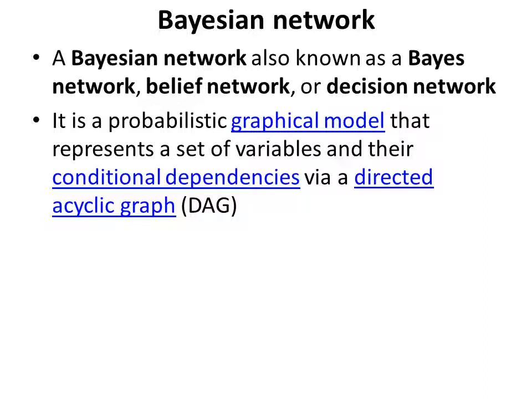A Bayesian network, also known as Bayes network or belief network or decision network, is a probabilistic graphical model that represents a set of variables and their conditional dependencies via a directed acyclic graph, DAG. So it is a graphical model that represents a set of variables and their conditional dependencies through the directed acyclic graph.